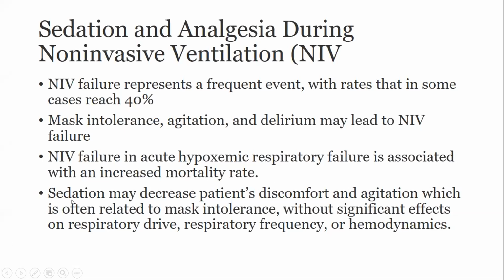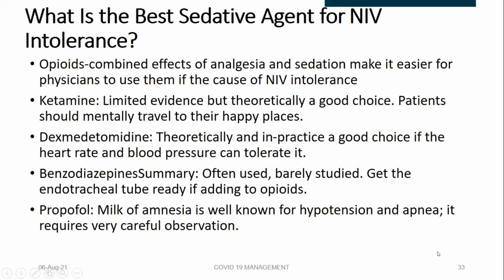So what does sedation do? It decreases the patient's discomfort and agitation. And the aim is to look at sedatives that do not have significant effects on the respiratory drive, frequency, or the patient's hemodynamics. These are some of the options. One is the opioids, and morphine is probably the most commonly used.